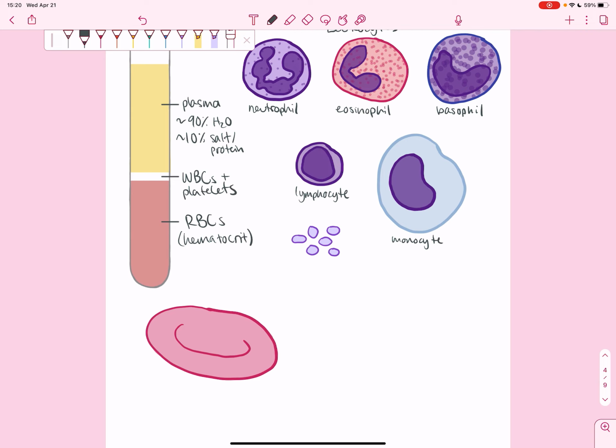Platelets. The fancy name for a platelet is a thrombocyte. I'll write that out. Okay, and then platelet, so you have an idea.